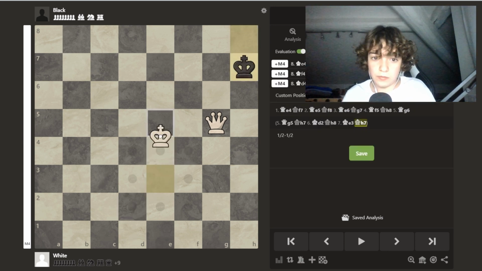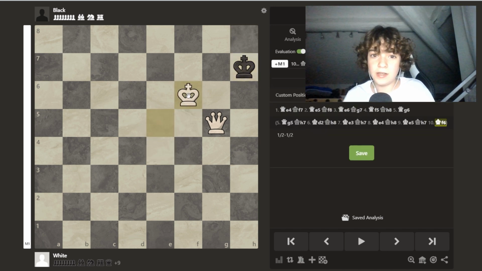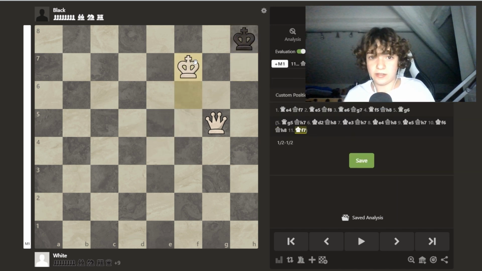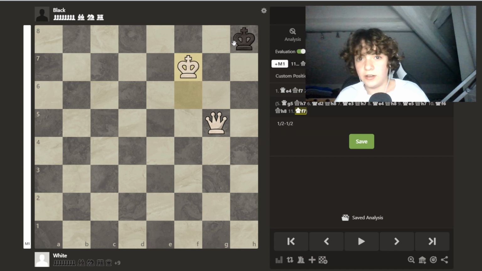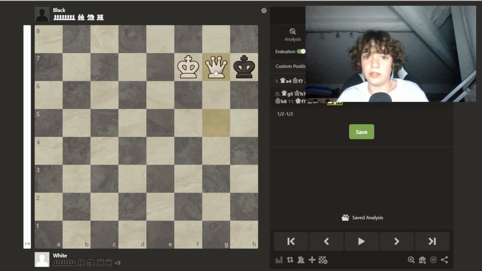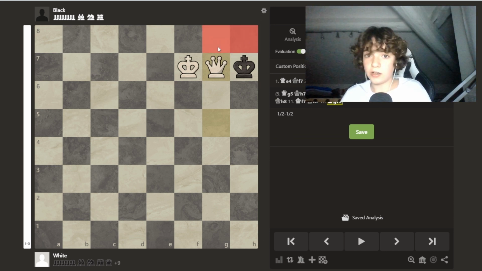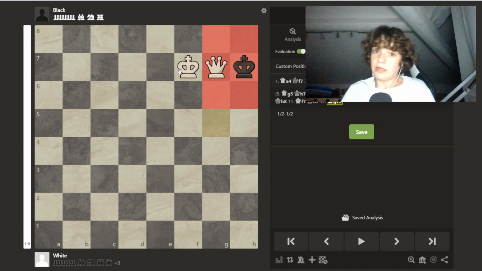Once your king is in front of the opposite king, all you have to do is move your queen, defended by the king, in front of the king. So this is mate, as the queen attacks the king, covering all of its squares, and it's defended by the king.